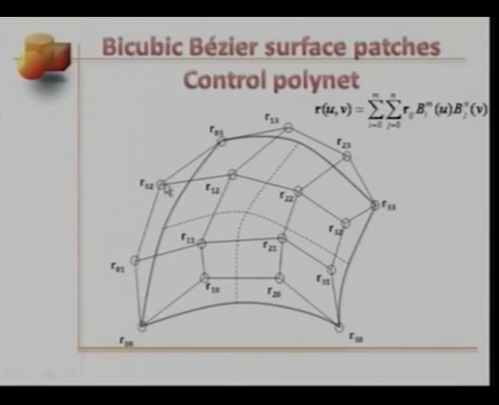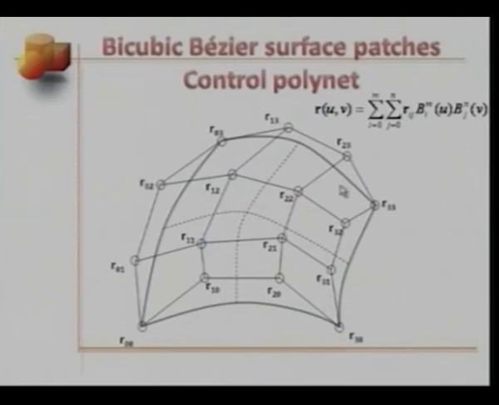And the same is true for this bounding curve here, for u equals 1 and v ranging from 0 to 1. In fact, all of these 4 bounding curves are Bezier segments, each of degree 3.